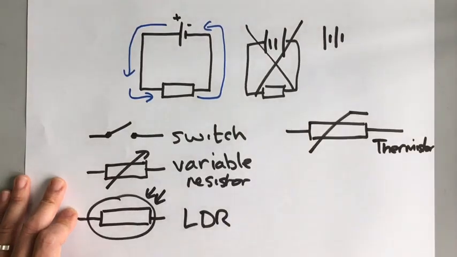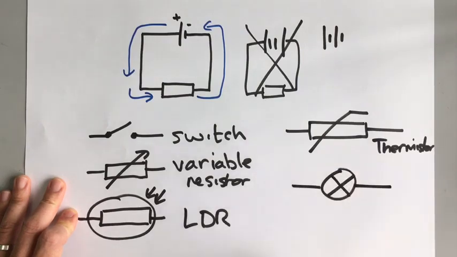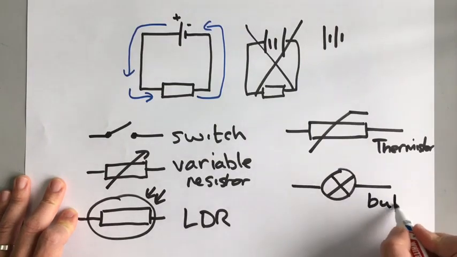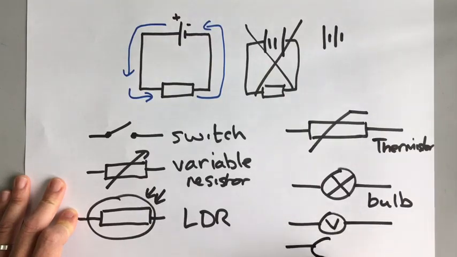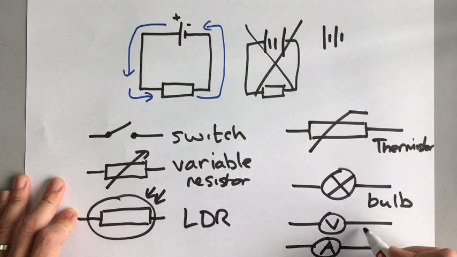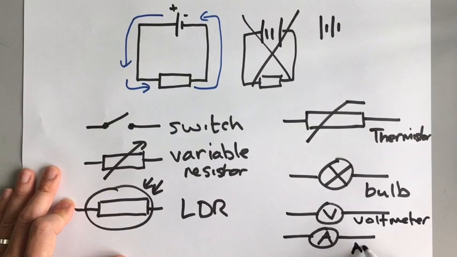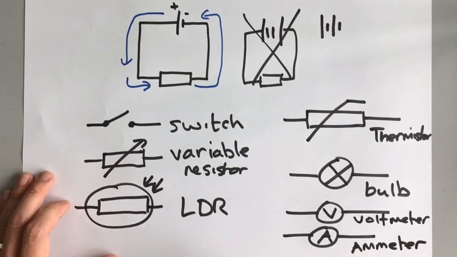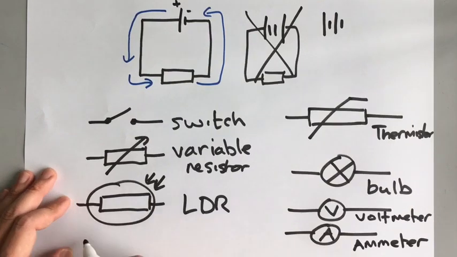A bulb is just a simple X in a circle like that. That's a bulb. We already talked about a voltmeter and an ammeter in the last video. That one measures the potential difference, and that one measures the current. You also need to know about a fuse.